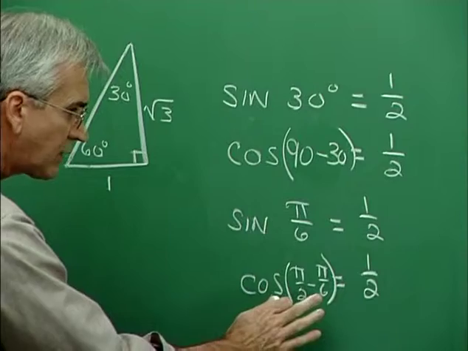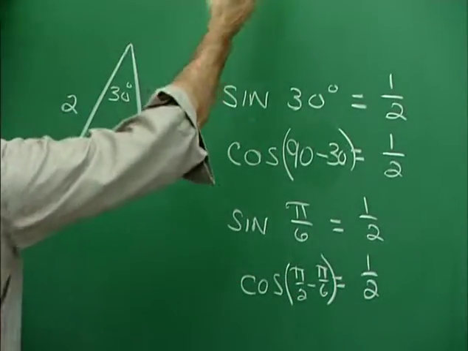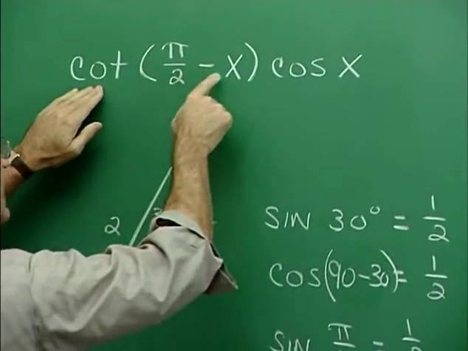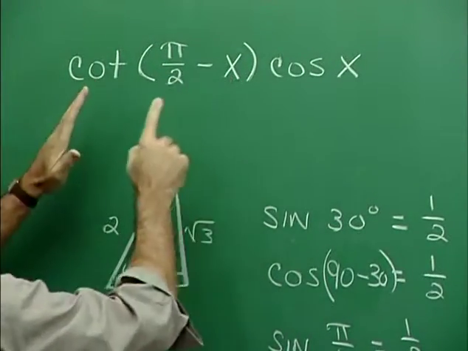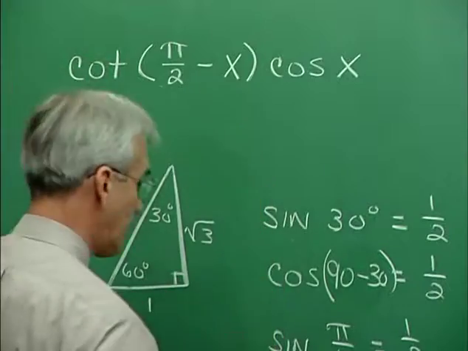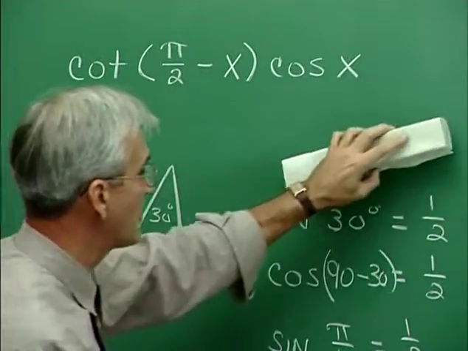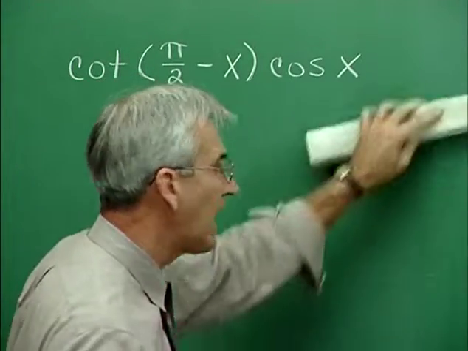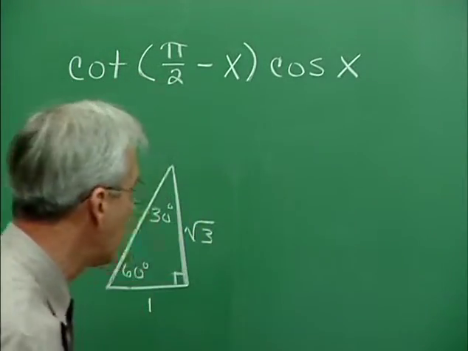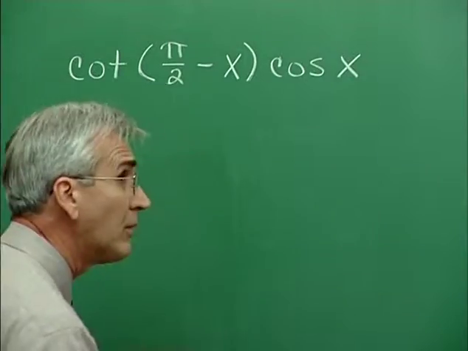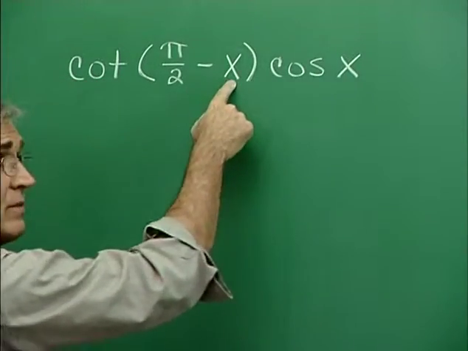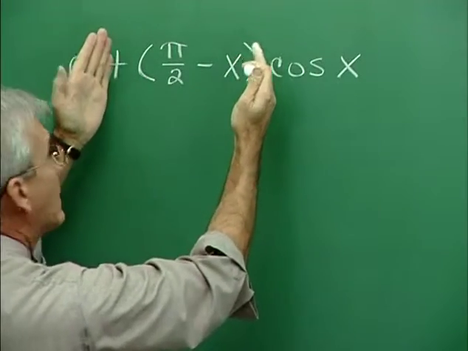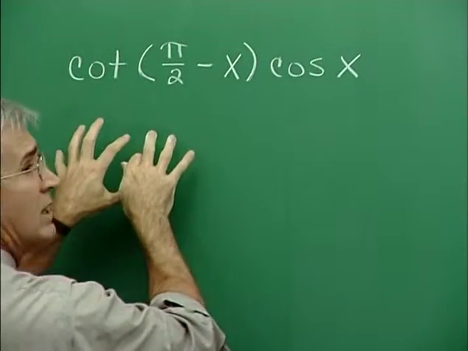Now, I just want to show the technique, because when we see a situation like this, notice this is cotangent of pi over 2 minus x. And when we see a binomial like this, it seems a little confusing at first, until we realize that this is precisely the calculation that is needed in order to generate the complement of the angle x. That is, all this is the complement of x, you see, and so this can be rewritten in a very simple way.